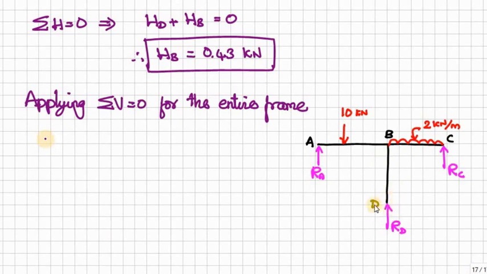Therefore not shown in this diagram. Only vertical reactions shown. Therefore sigma V is equal to 0 gives RA plus RD plus RC is equal to 10 plus 2 into this 3 meter.